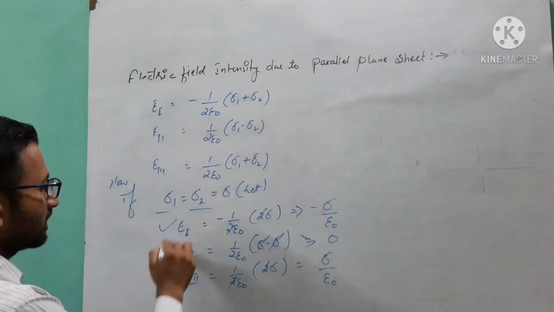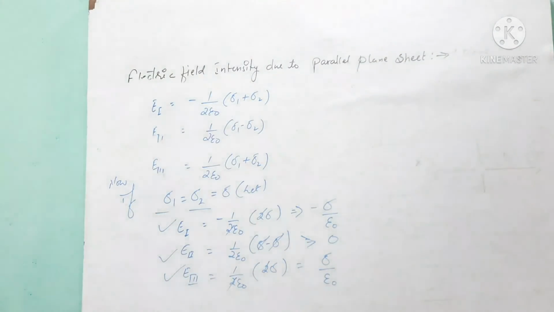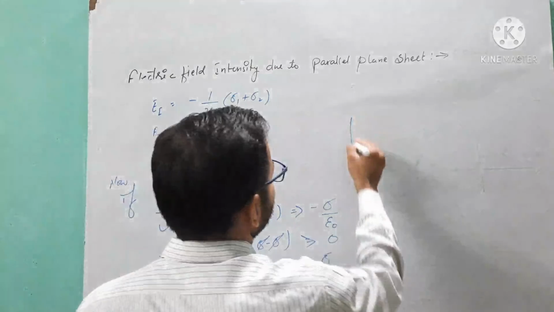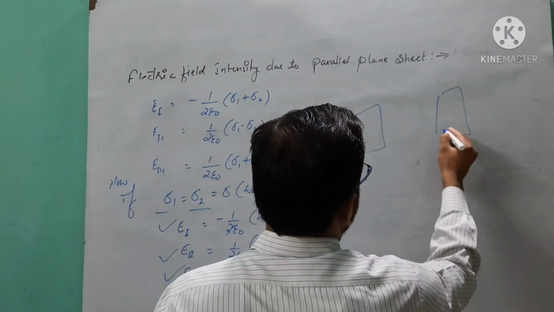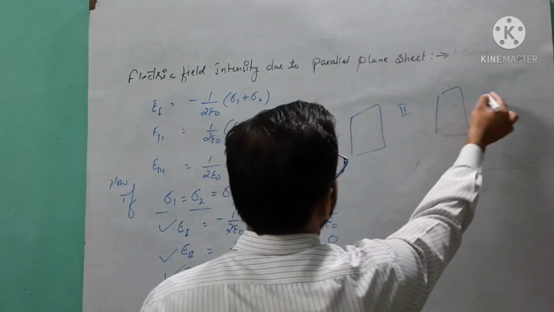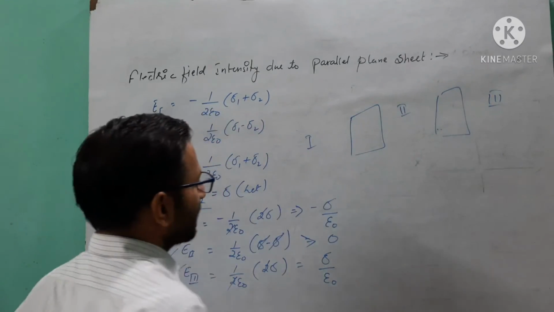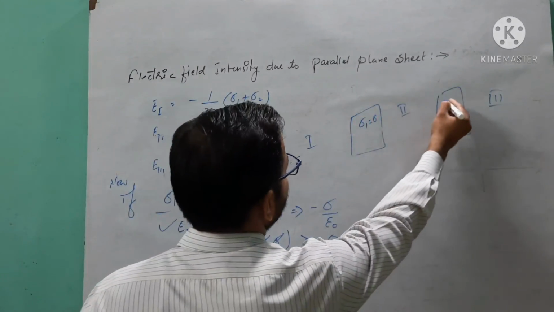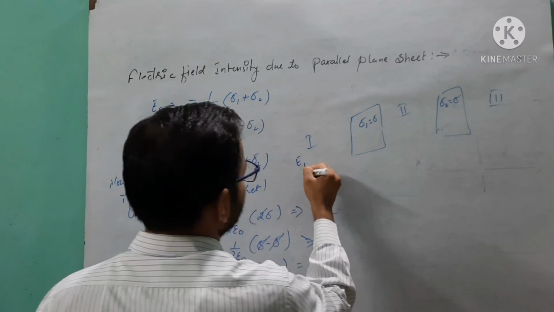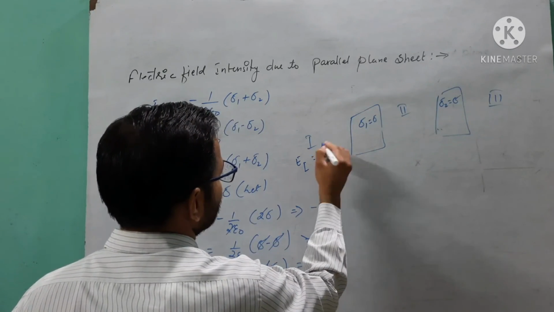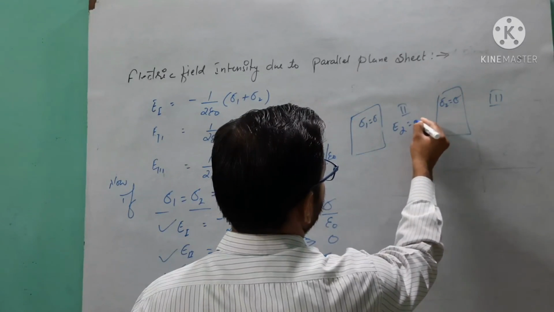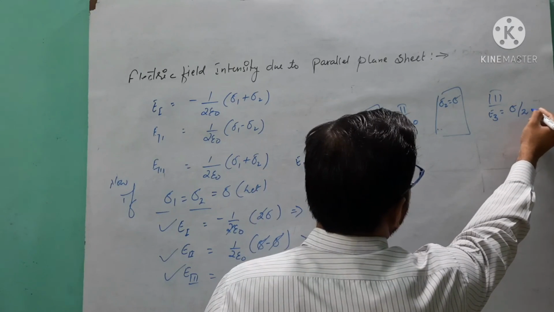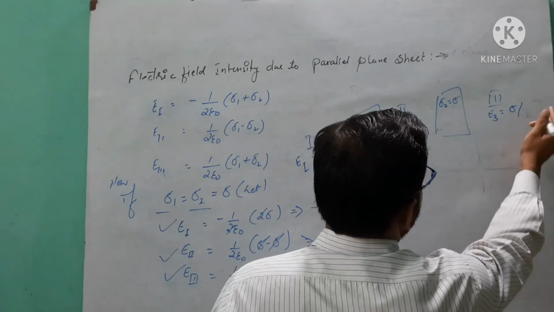So here, if sigma 1 is equal to sigma 2, the value of the electric field in the different regions 1, 2, 3 is as follows: if sigma 1 is equal to sigma and sigma 2 is equal to sigma, then E1 is equal to sigma upon epsilon naught, E2 is equal to 0, and E3 is equal to sigma upon epsilon naught.